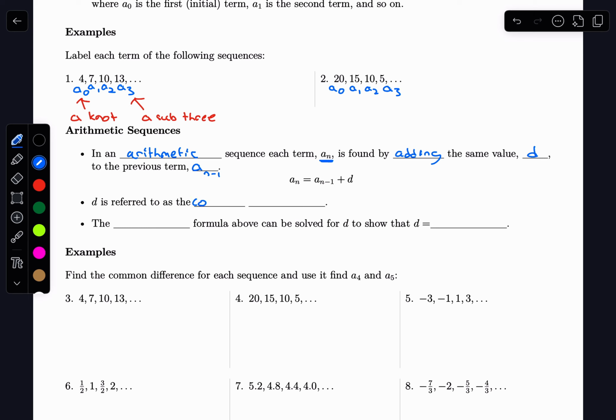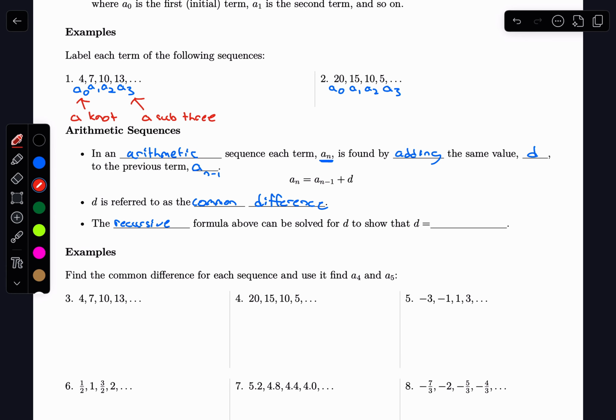D is referred to as the common difference. It's the common difference because it is the difference between terms. And why do I know it's the difference between terms? Notice that the formula in the middle there, which is called the recursive formula, can be solved for d to show that.